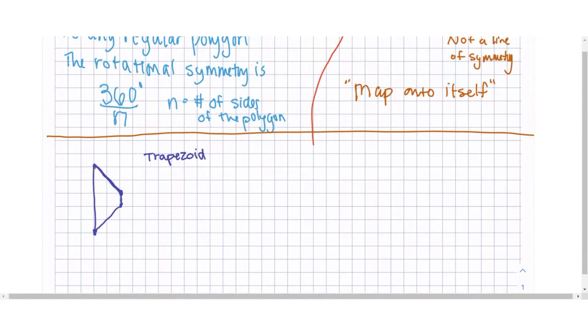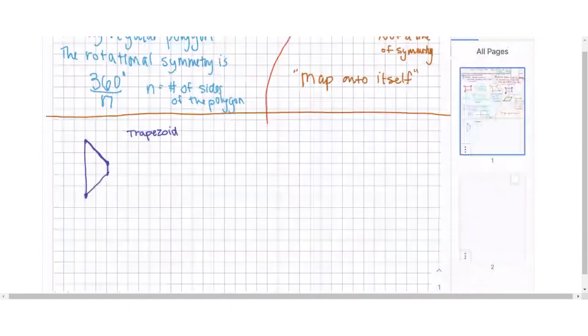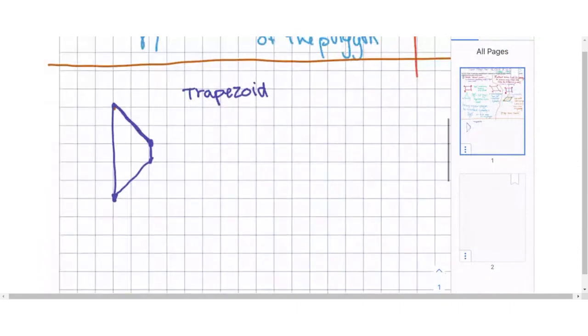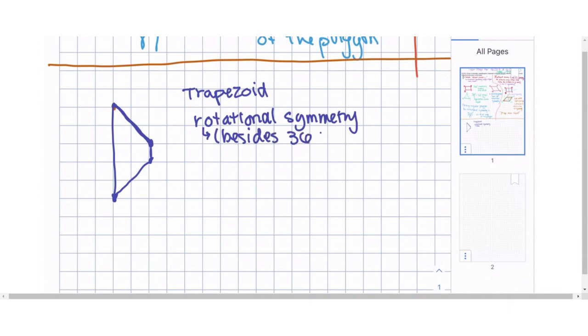Okay. So looking at that trapezoid, is there any sort of rotational symmetry? Rotational symmetry means that there's something besides 360 degrees. Is there a way that I could rotate that figure less than 360 degrees that would make it look exactly like itself?